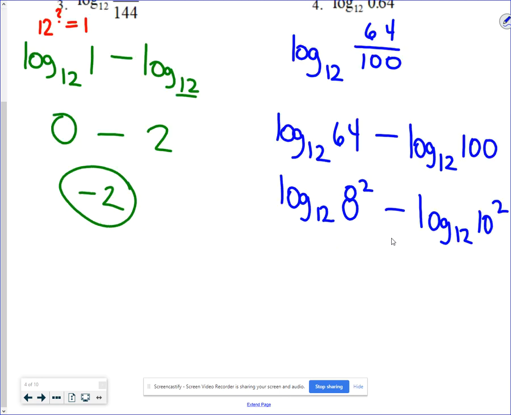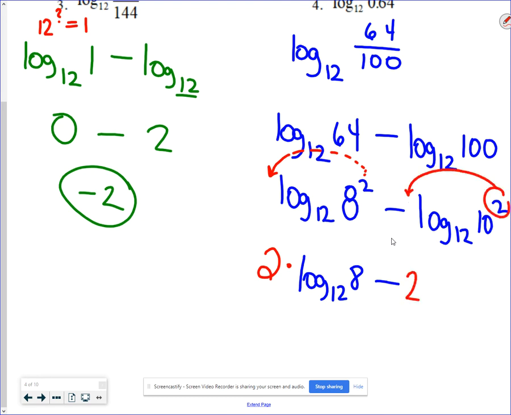And then, like I showed you on that last one, you get a power here. That new rule that we learned, rule 3, says you can move your exponent to the front of your logarithm. So this would be 2 times log base 12 of 8 minus, we'll do the same trick here. Move this 2 to the front. 2 times the log base 12 of 10.